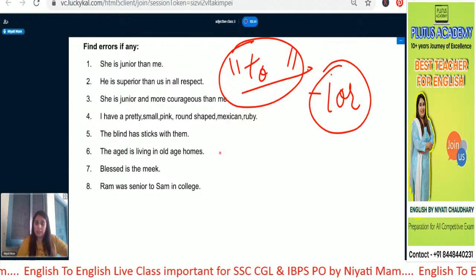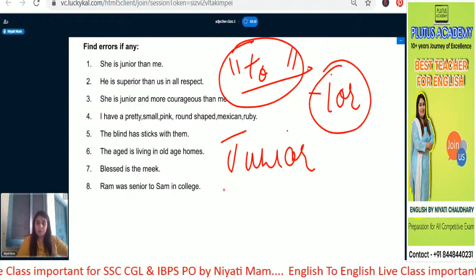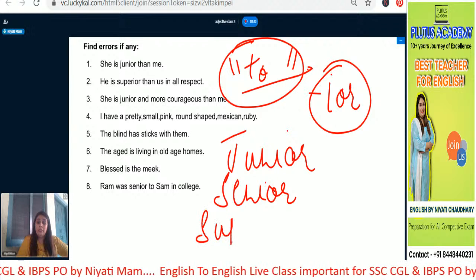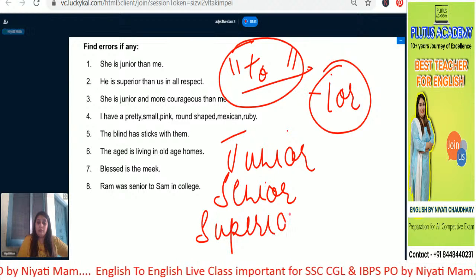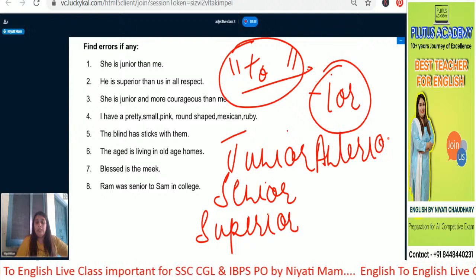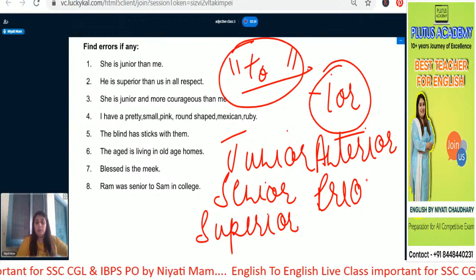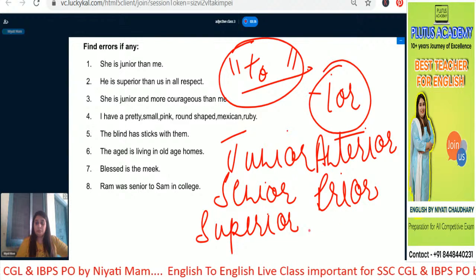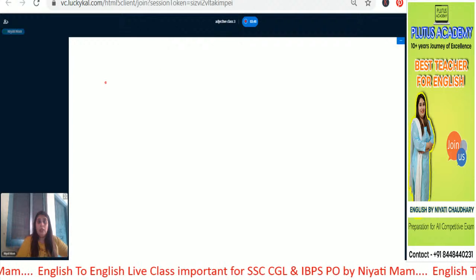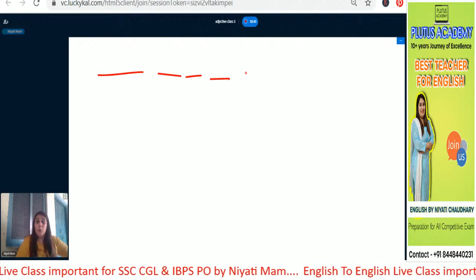So the words are junior, senior, superior, anterior, prior, and there are some more words: inferior, posterior.